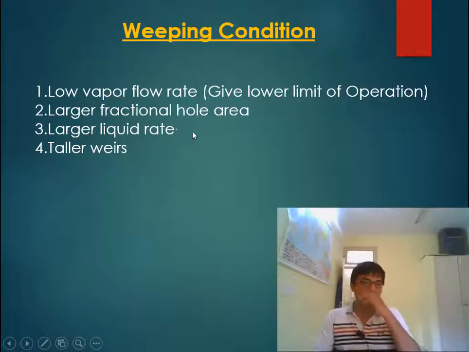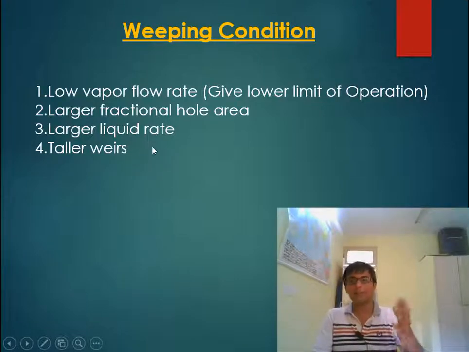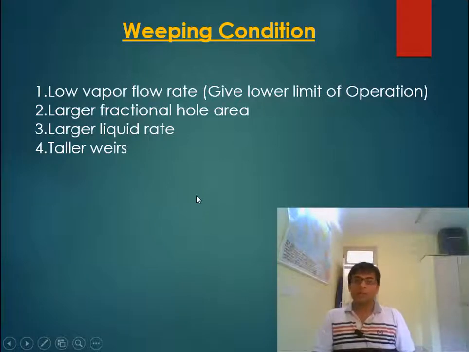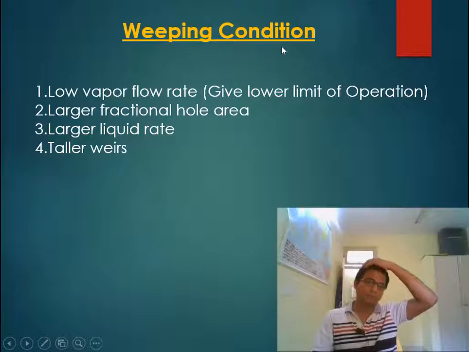Liquid flow rate will be high, then height over the weir, HOW, will be high. Hydraulic tray pressure drop will increase and it may exceed the dry tray pressure drop. Similarly, with taller weirs, if my height of weir goes high, then also hydraulic tray pressure drop will increase and it may go beyond the dry tray pressure drop and weeping may take place.